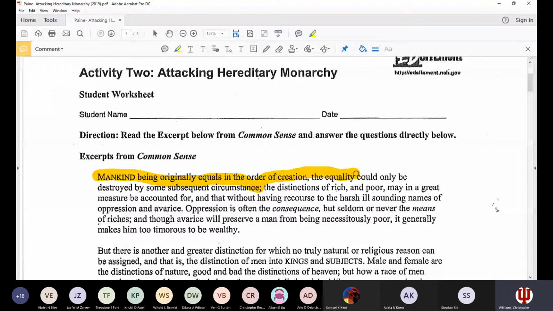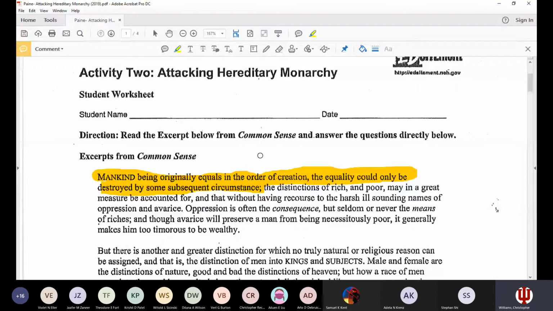So when we look at this first statement right here, I didn't do a very good job of highlighting this. When it says mankind being originally equals, they're talking about from birth. One of the things that a lot of philosophers bring up is the idea that you're born equal, at the beginning everybody's the same. What Paine tries to point out here is that from birth, we're all supposed to be the same.